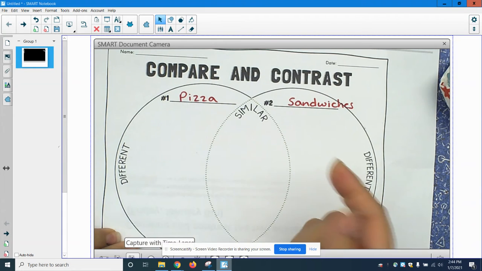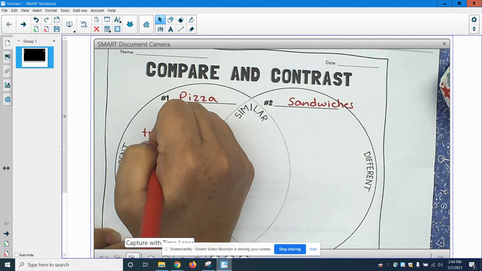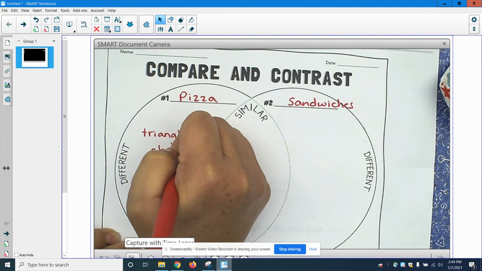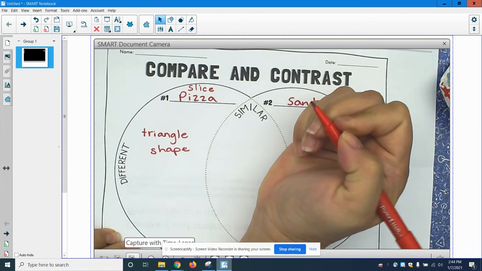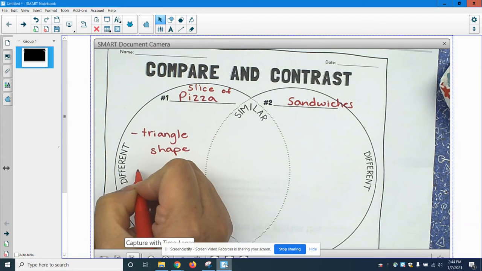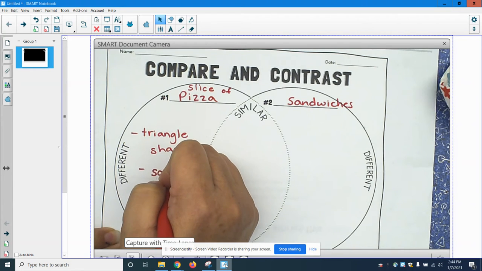They're different because a pizza is usually a triangle shape, like a slice of pizza. I'll put slice because you don't usually eat a whole pizza for lunch, a slice of pizza. It's triangle shape. It has sauce on it, like spaghetti sauce.